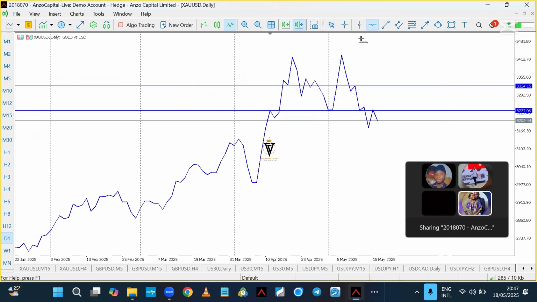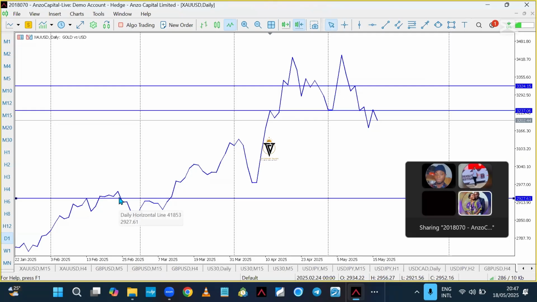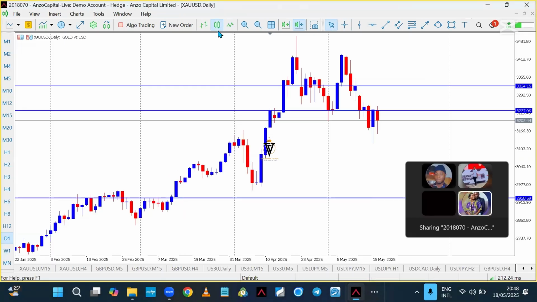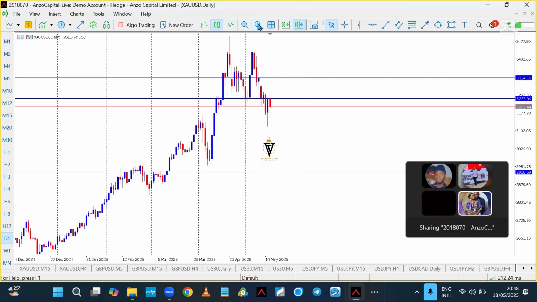Basically, these are the few levels I can see here. Every other one here is taking easy. Let's switch it to, okay.